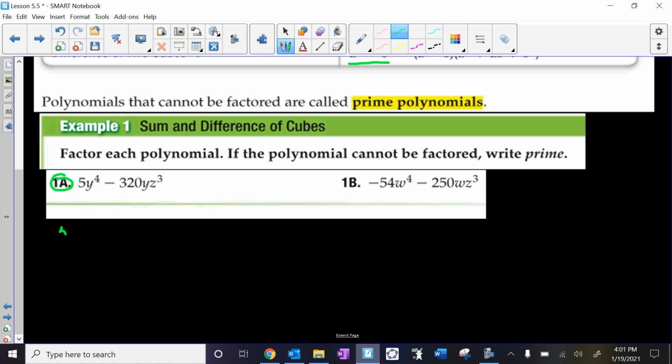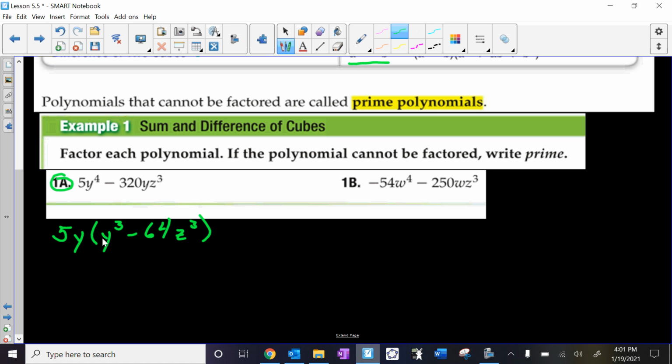If we take out a 5y from the first term, I'm left with y cubed minus, if you take 320 and divide that by 5, we're going to get 64. And I took out the y, leaving us with z cubed.